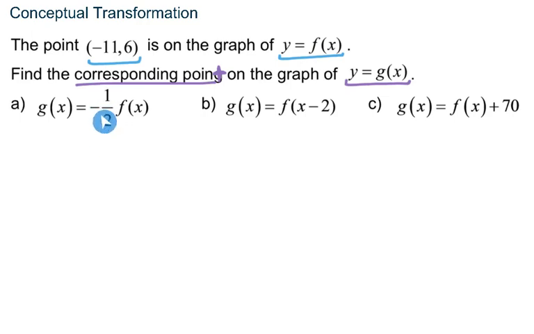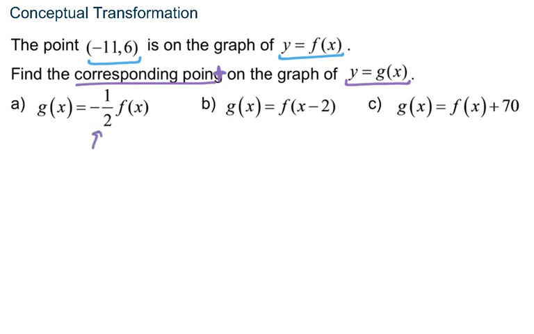So looking at what we're dealing with here, g of x equals -1/2 of f of x. We're applying -1/2 to f of x, and the output we will get will be the transformed graph g of x. What does multiplying by -1/2 do?